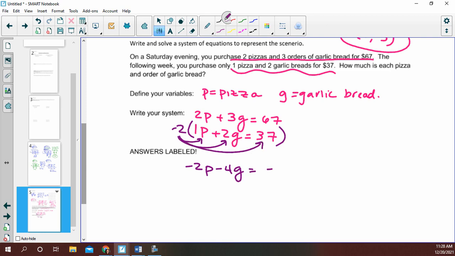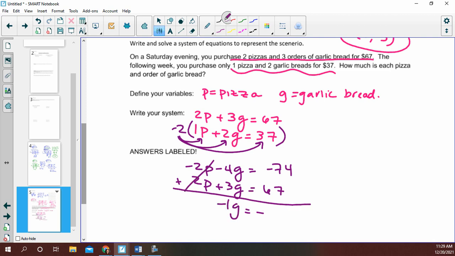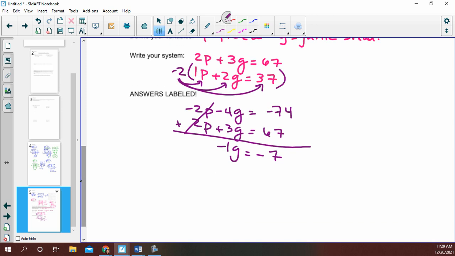And some more. Untouched underneath them. So that gives me negative 1G, negative 7. So divide by negative 1. I get $7 for garlic bread. Let me write it better here.